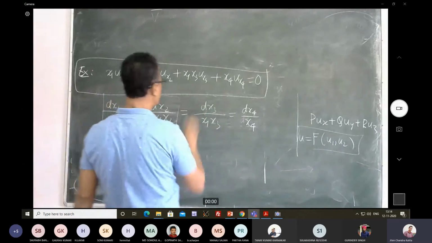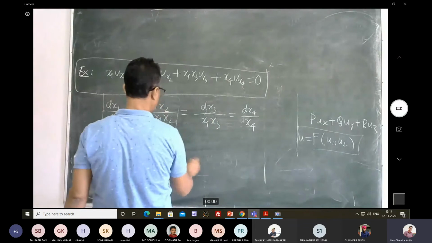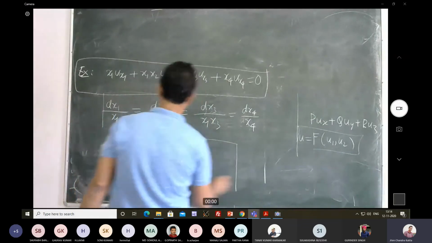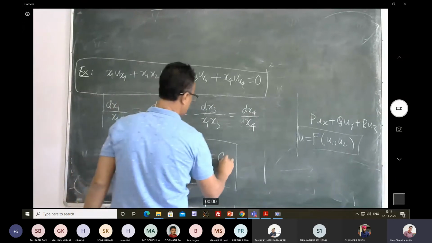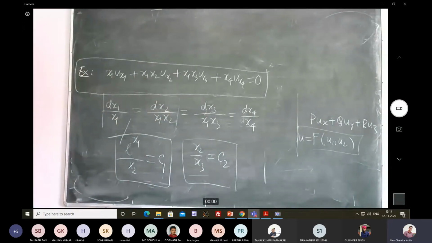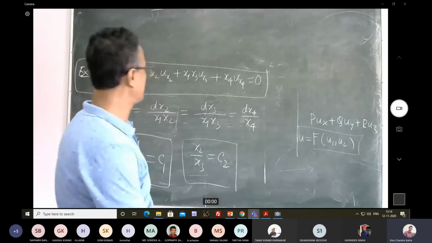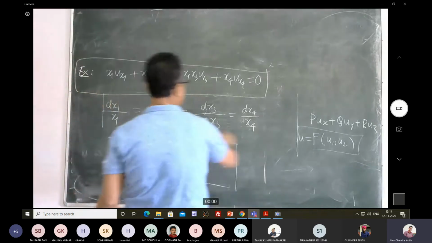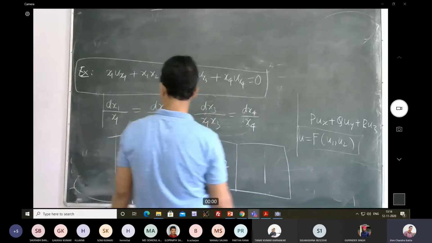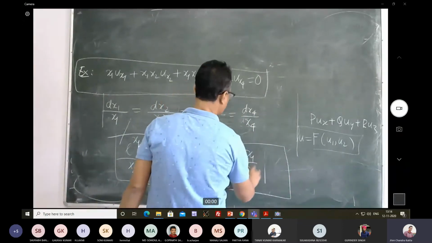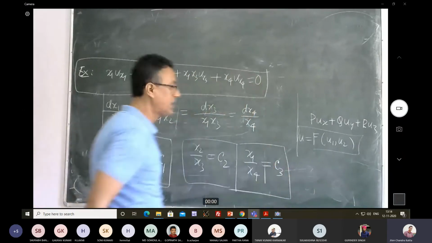And then from these two, it is pretty straightforward. x1 goes. So this is going to give you simply x2 by x3 equal to c2, right? Because you are going to get ln x2 equal to ln x3 plus some constant. And if I use the first and fourth, again, that is going to give me simply x1 by x4 equal to c3, right?